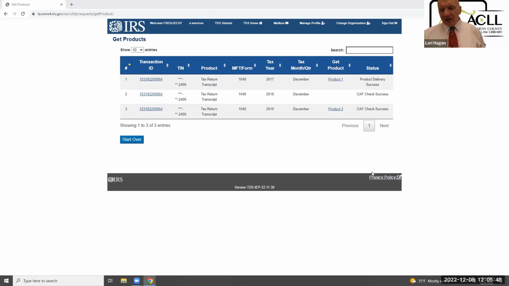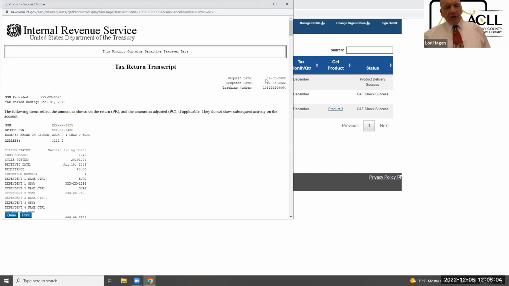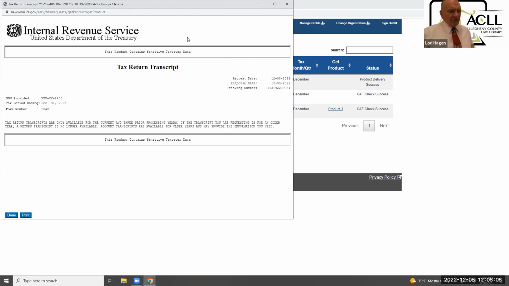What I've done here, which is on screen right now, assuming I can work this screen again, which I'm having some trouble with. At any event, I have a client that I have reached out for their tax return transcripts. I'm asking for this taxpayer number and the tax period ending 2017.